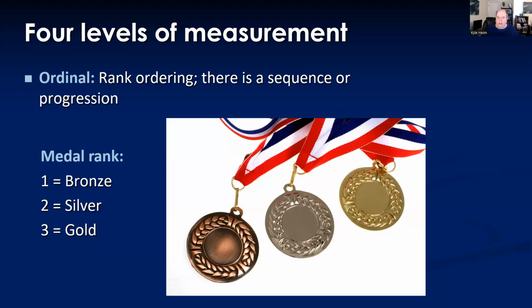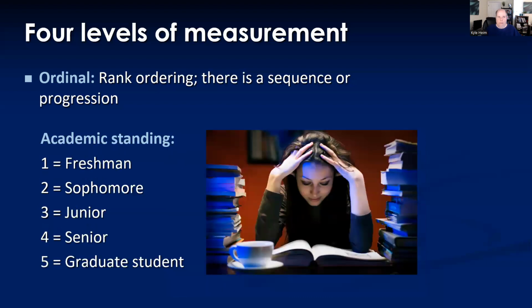But we don't know how much better, right? The difference between gold and silver may be 1/100th of a second, or it may be 10 seconds. We don't know the degree of difference, but we know there is a difference. We know that one thing is greater than another is greater than another. Similar story with academic standing.